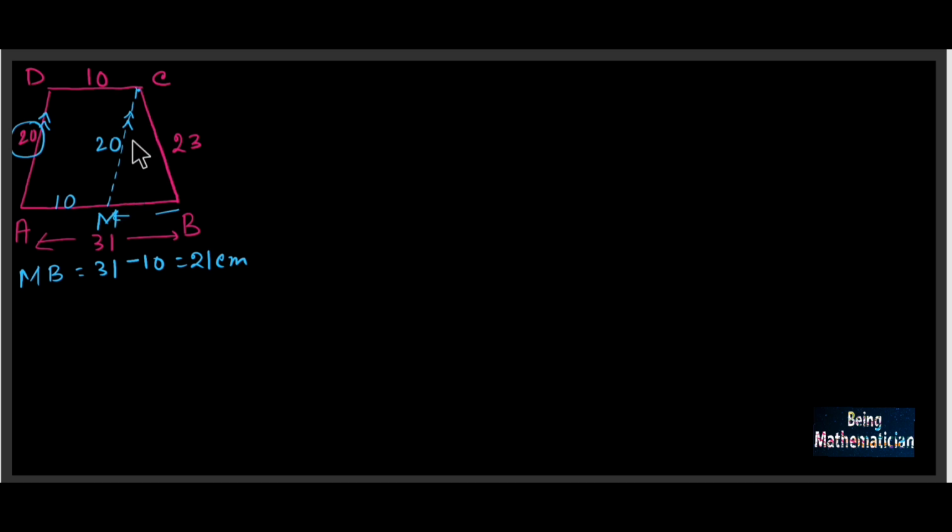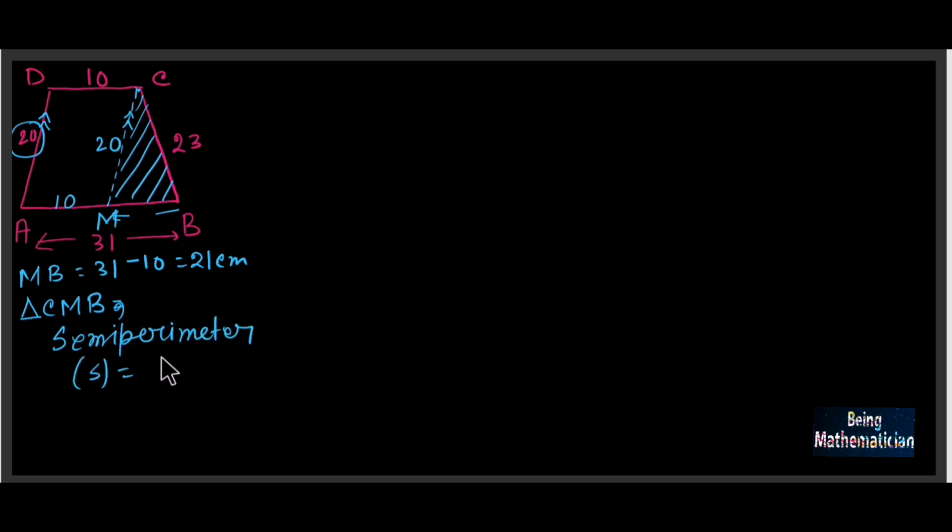Now let's calculate the area of this triangle CMB. We can find the area of the triangle by Heron's formula. So in triangle CMB, the semi-perimeter S must be (20 plus 23 plus 21) by 2. Now it is 32 centimeter.